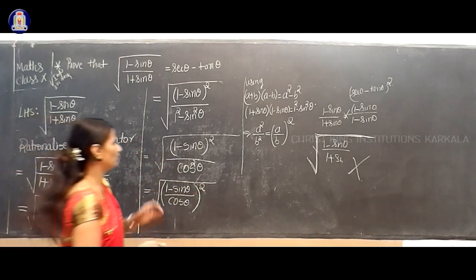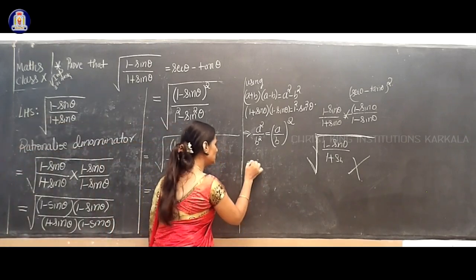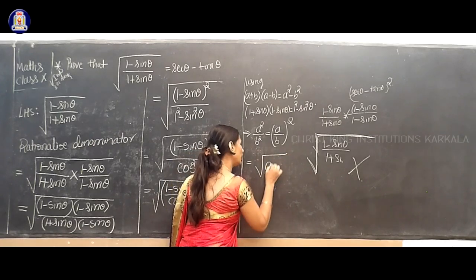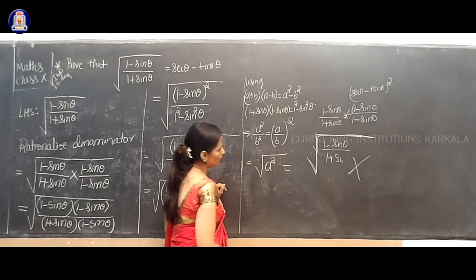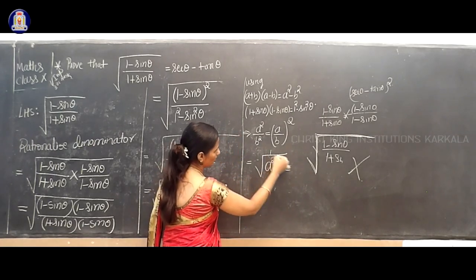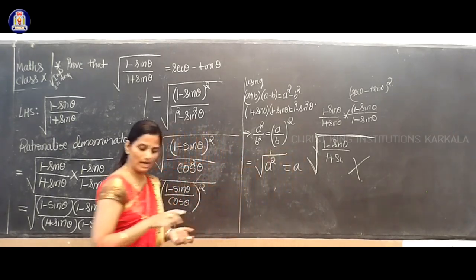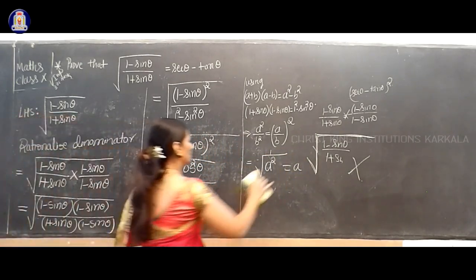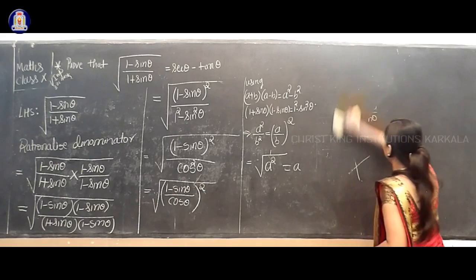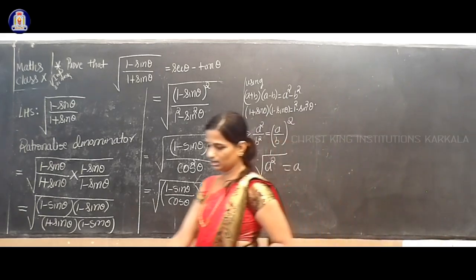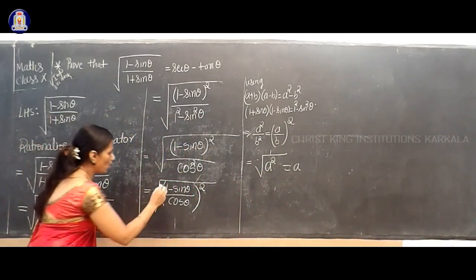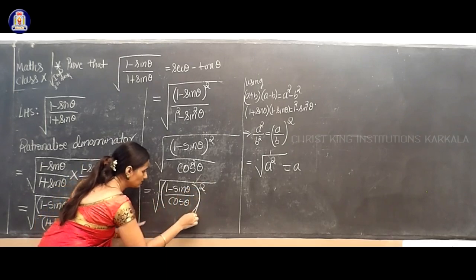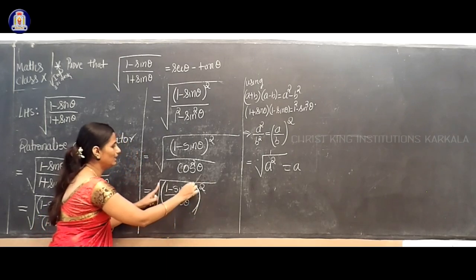How is it? Suppose this is the square root of a square. So the square root of a square is what? Square and square root cancel. That is equal to a. Similarly here, numerator divided by denominator, whole square. This whole square means this as a single number, right?